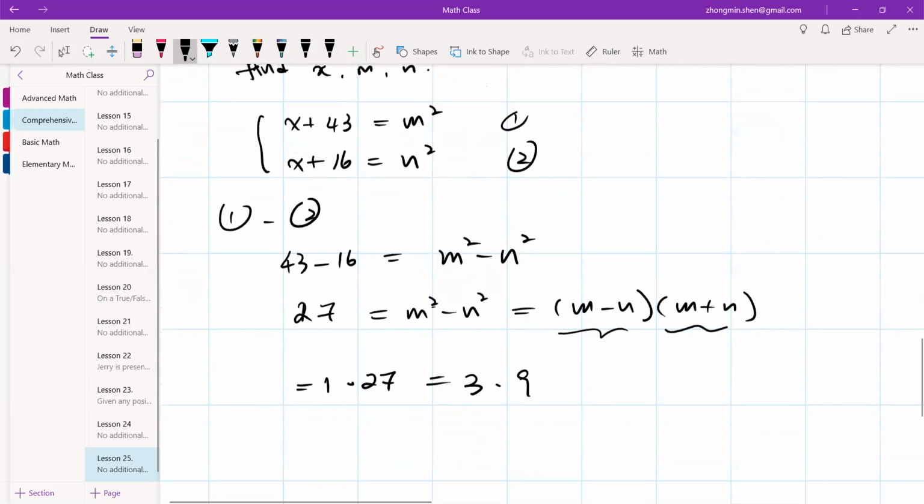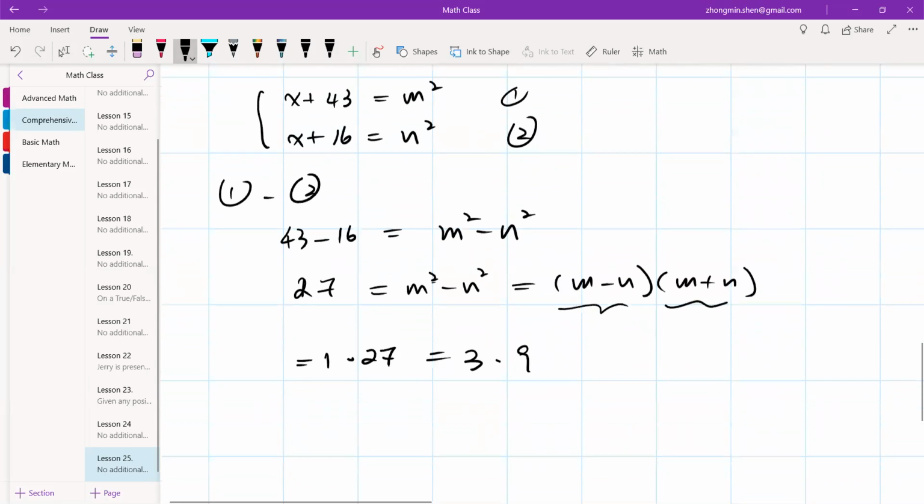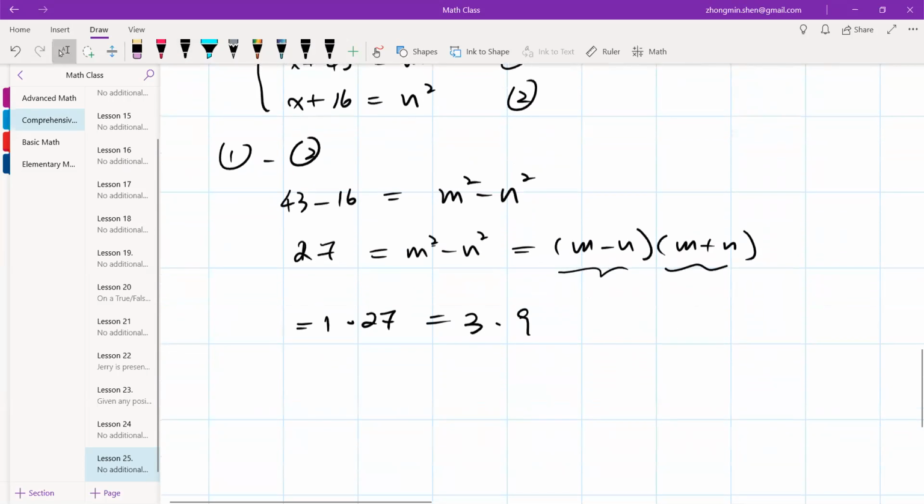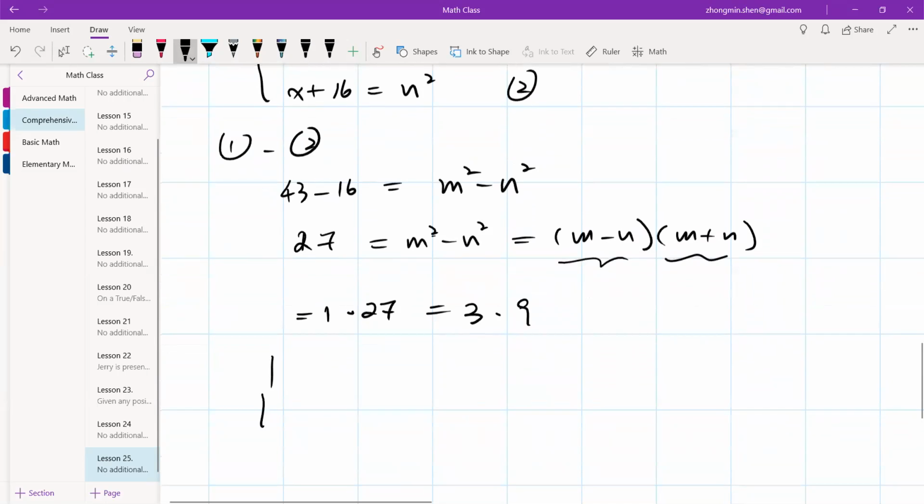And that's it. There are only two possible ways to do that. Why not 9 times 3? Because m minus n is smaller and m plus n is larger, so you always write the smaller factor first. If you write it this way, then you only have two possible ways. So two possible solutions.